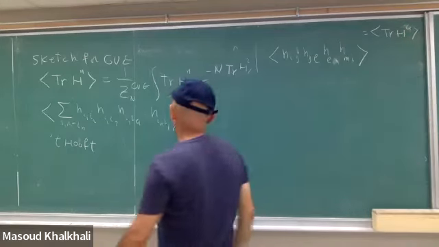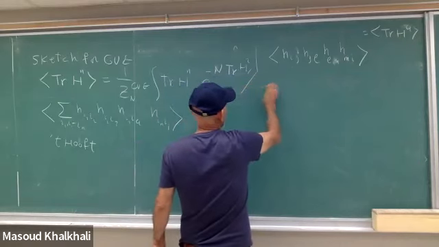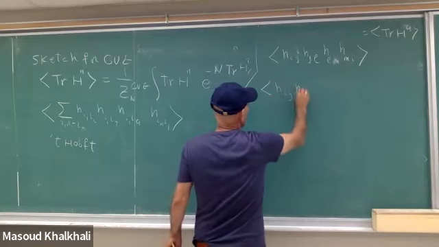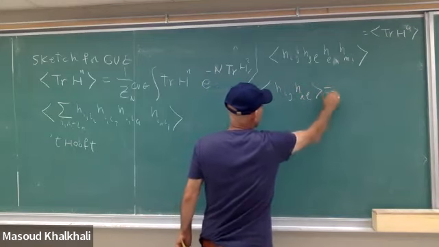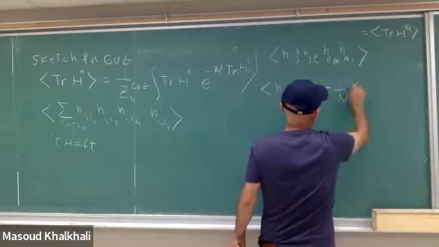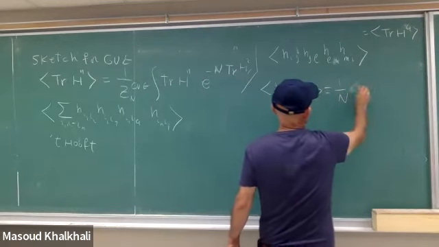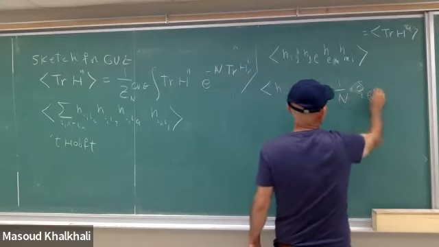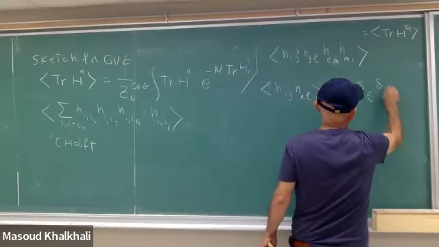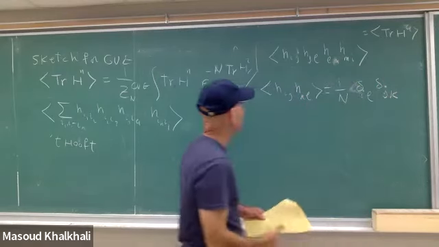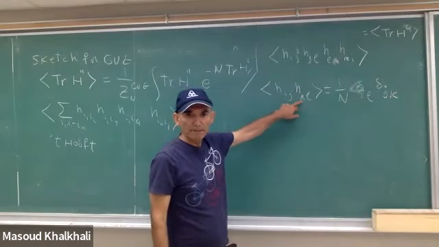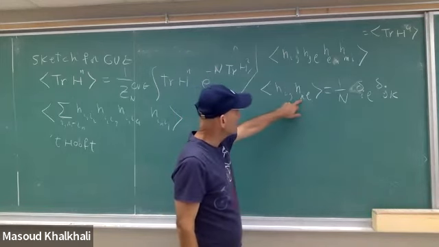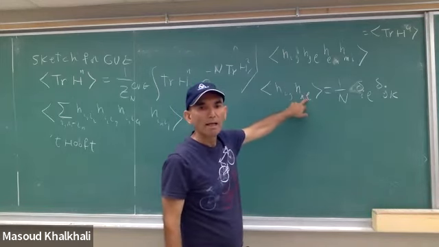So you have to know this: the expectation of h_{ij} h_{kl} is equal to 1 over n, delta_{il} delta_{jk}. In other words, this expectation value vanishes unless j is equal to k and i is equal to l.